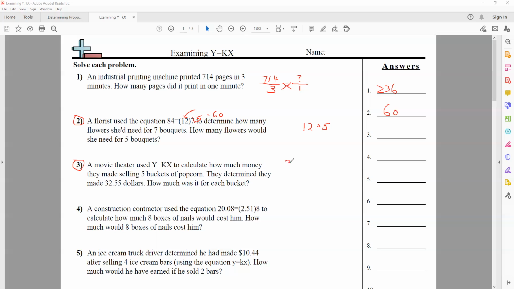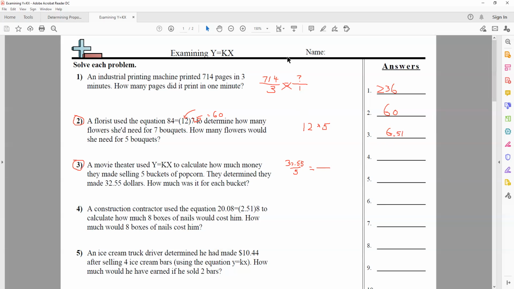So just do 32.55 divided by 5 equals 6.51. Let me double check the answer. I think it's right. Yep, 6.51. Good.